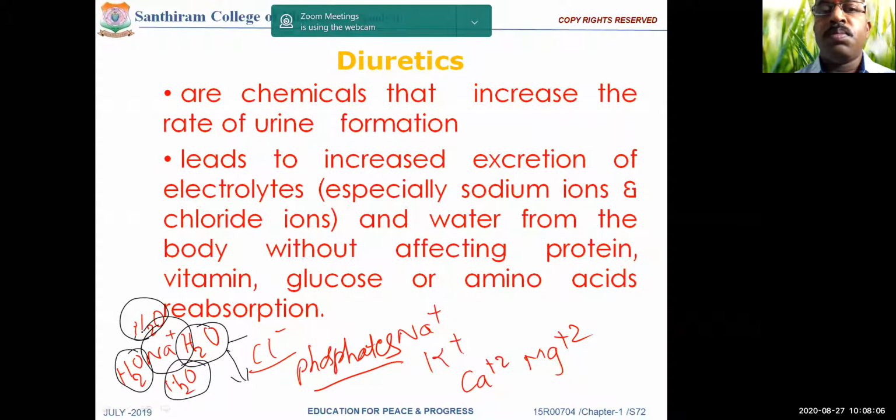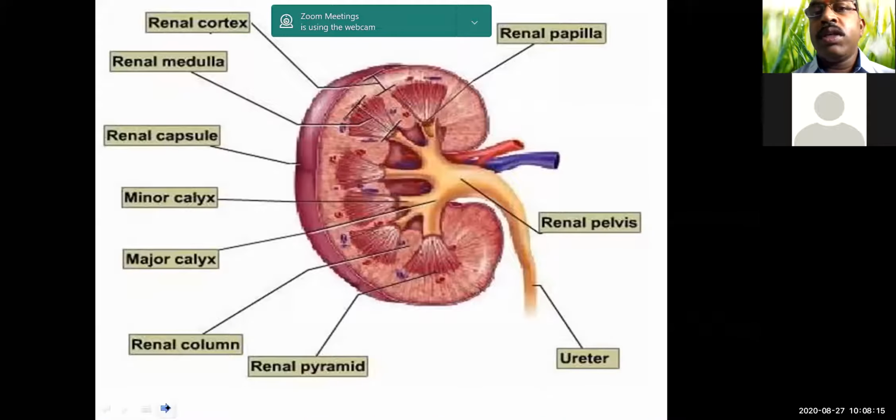So the organ in our body which is responsible for urine output is the kidney. So this is the anatomical structure of the kidney. It has the renal cortex, then renal medulla, then renal capsule.